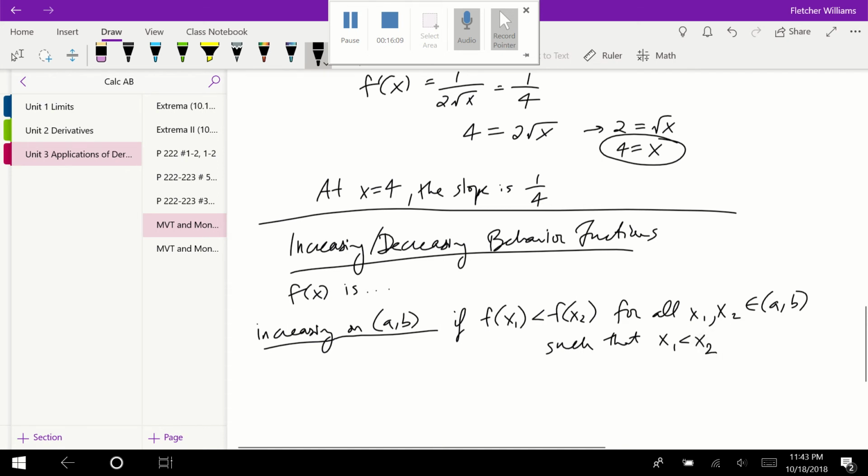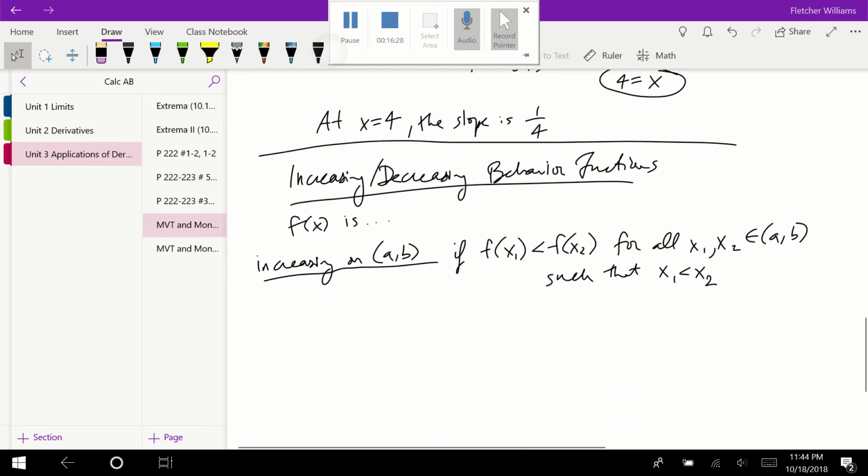So all it's saying is that if you looked at an interval and picked 2 points in that interval, the function value of the second is bigger than the first, as long as the second x value comes after the first one. So that's what increasing means.